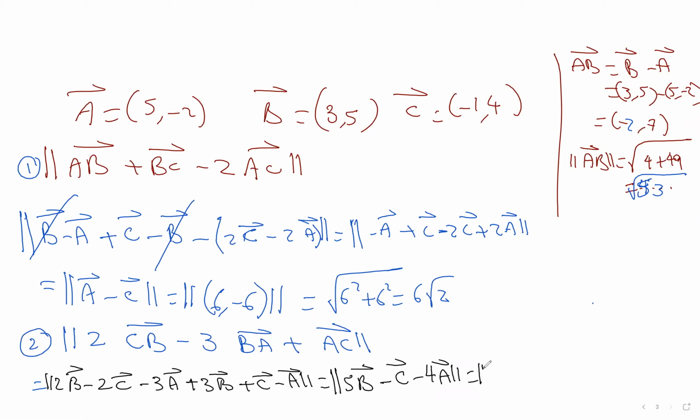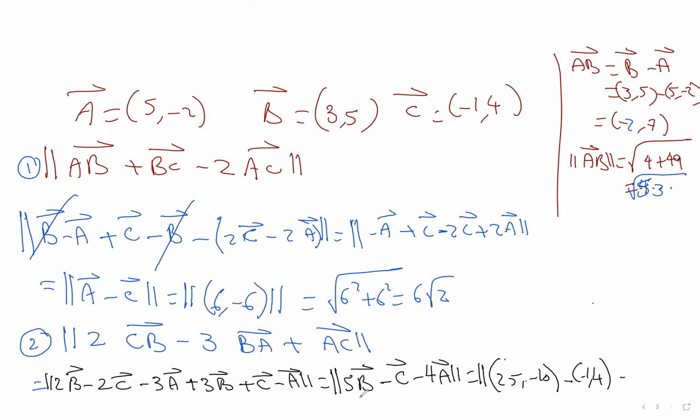The norm of 5B is (25, negative 10), minus C which is (negative 1, 4), minus 4A.